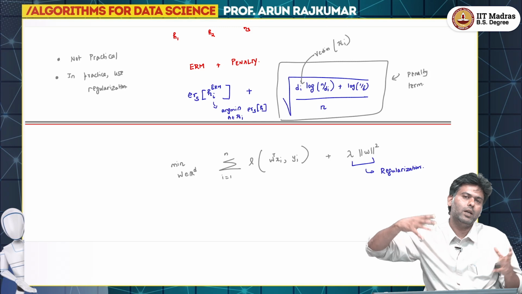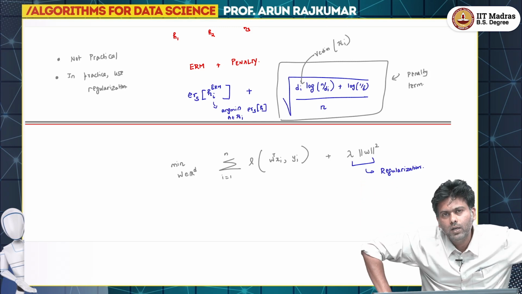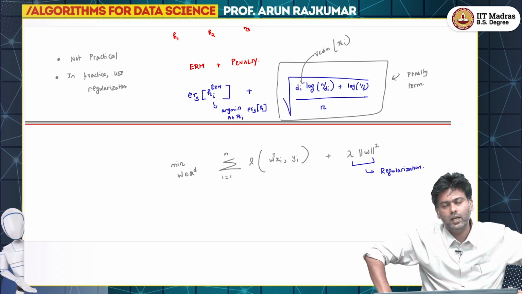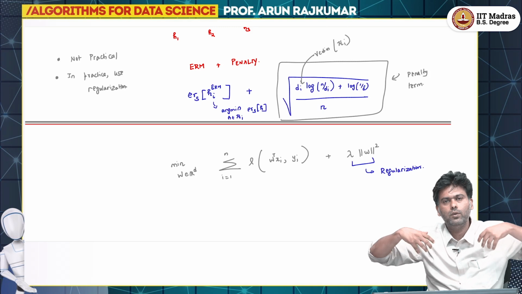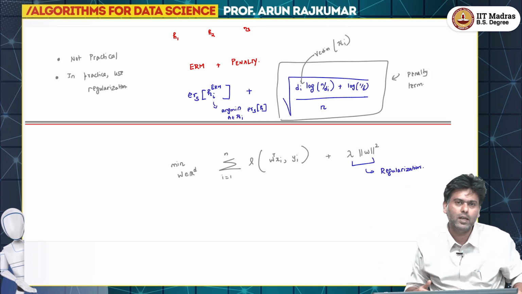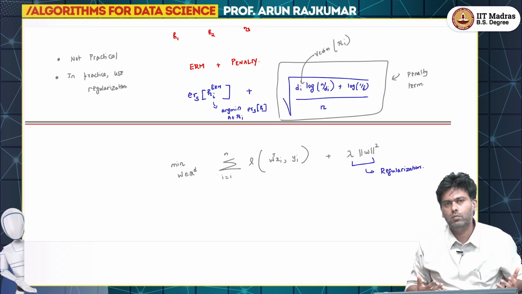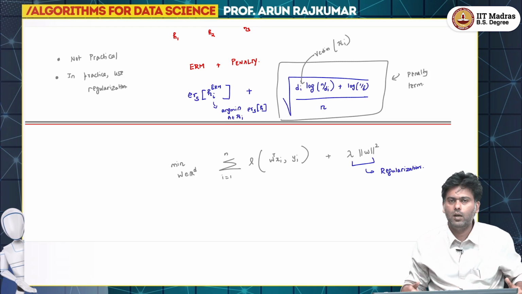If you are learning a linear classifier in a very high dimension using a polynomial kernel of degree k, then essentially you are learning in H_k. Linear after you map x_i to phi of x_i would look like, in the original space, the space of all possible polynomial functions of degree k.